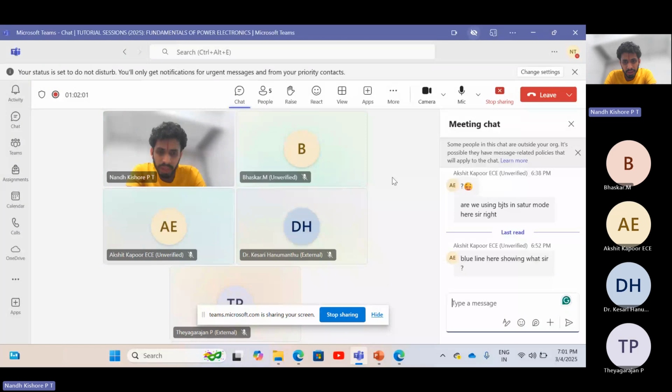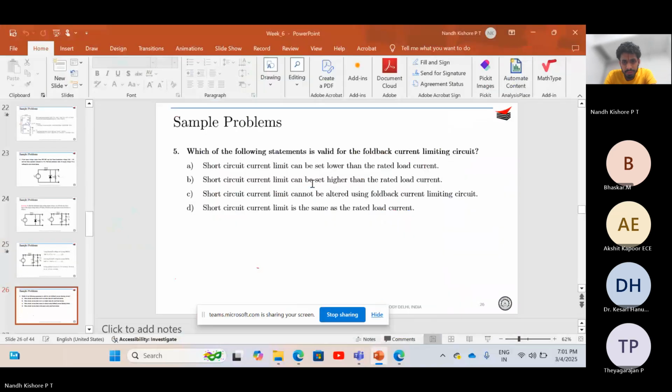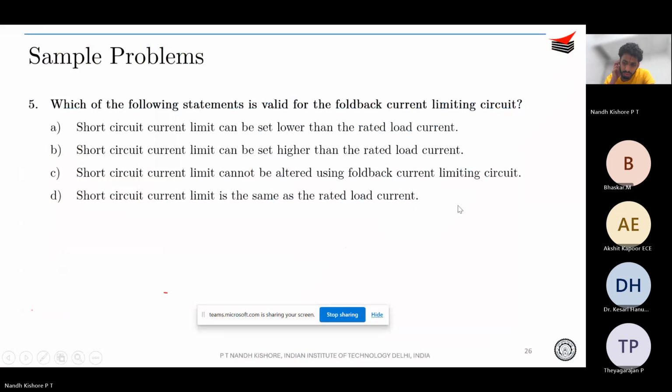So in a foldback current limiting circuit, okay, the answer is that the short circuit current limit can be set lower than the rated load current.